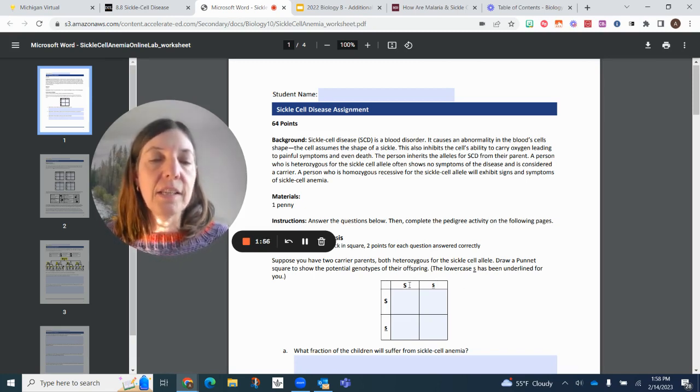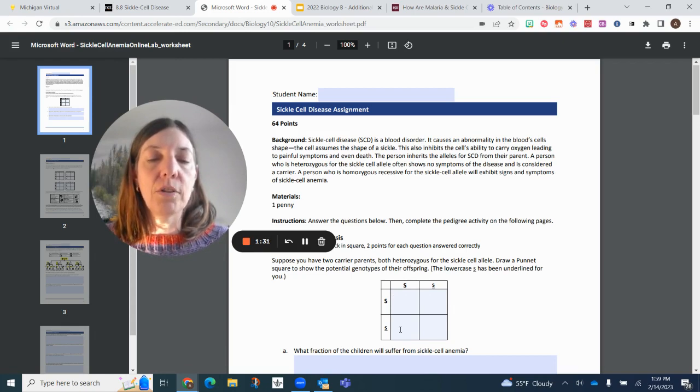In this case, your parents are heterozygous. That means they have a dominant and a recessive allele, and the other parent has a dominant capital S and lowercase s, heterozygous again. So in this first quadrant, you're going to have two uppercase S's. In the second quadrant, it's going to be uppercase S, lowercase s.